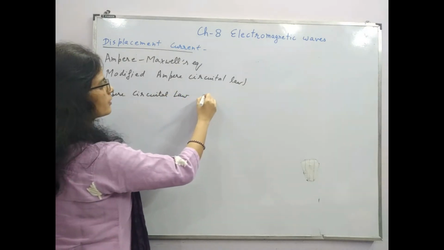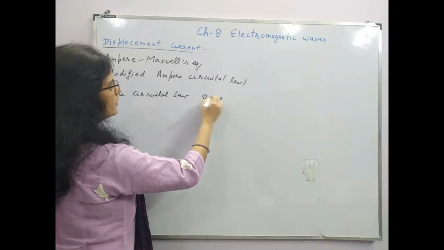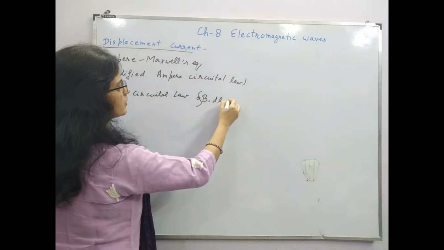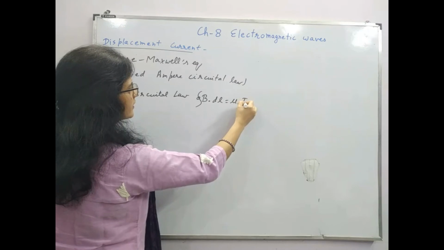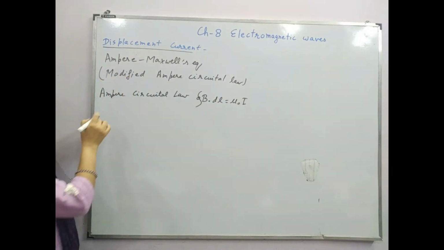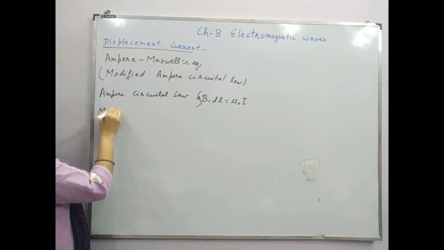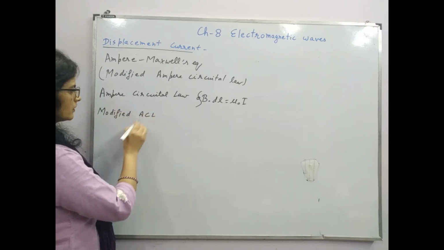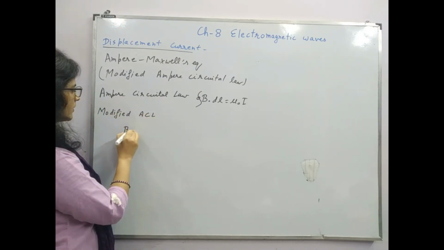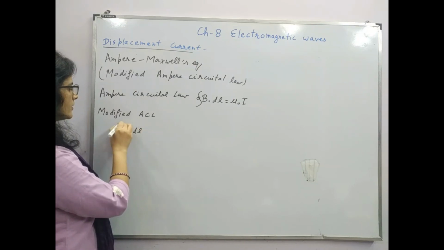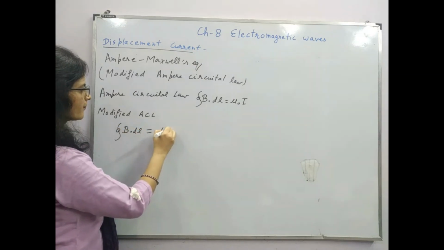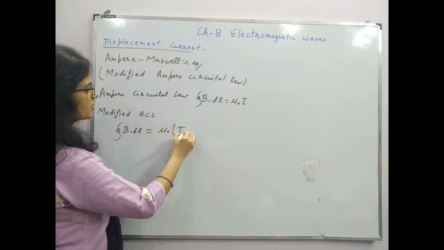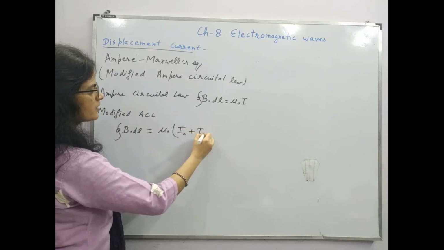That is, B dot dl is equal to mu naught I. He said that this is insufficient. So the modified law was, he said that this must not be just current, this must be the sum of the conduction current plus displacement current.